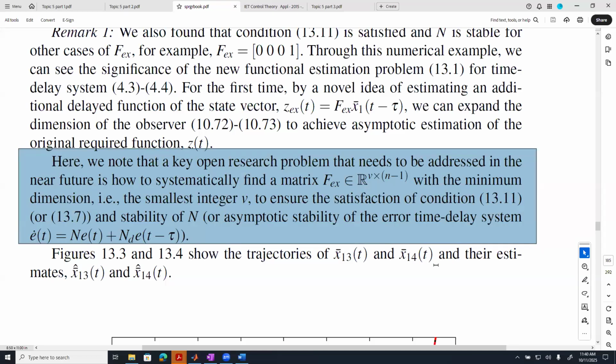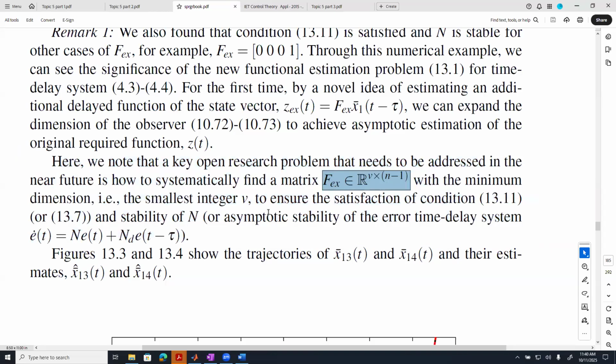And so we want to find a systematic way of finding this extra matrix, or even talking about the entire additional part in terms of the instantaneous as well. In this situation, we pick this one because C tilde 1 and F is already full, so there was no point adding a combination of the instantaneous stack vector.